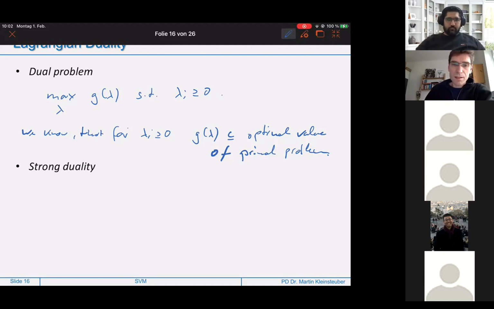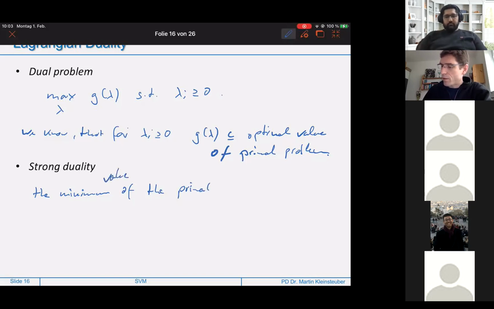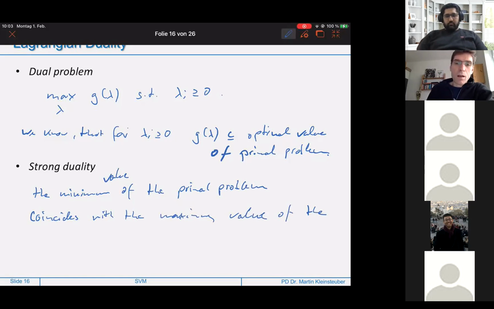Strong duality means that the minimum value of the primal problem coincides with the maximum value of the dual problem.